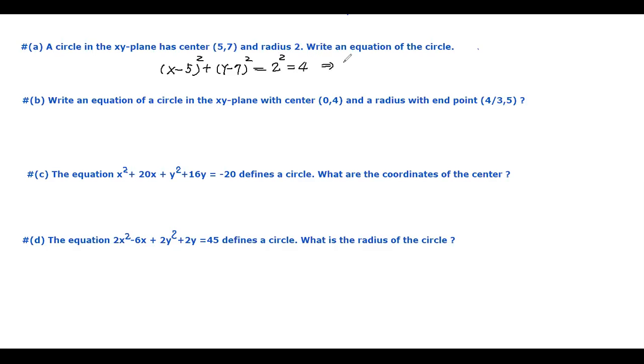So the final answer is x minus 5 squared plus y minus 7 squared is equal to 4. That will be the answer here.